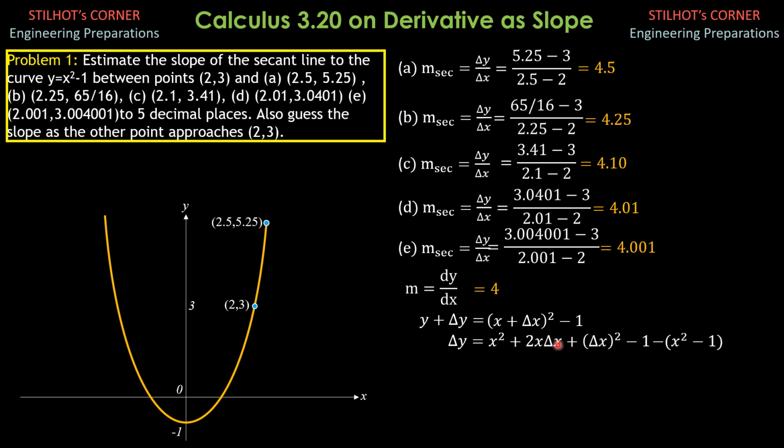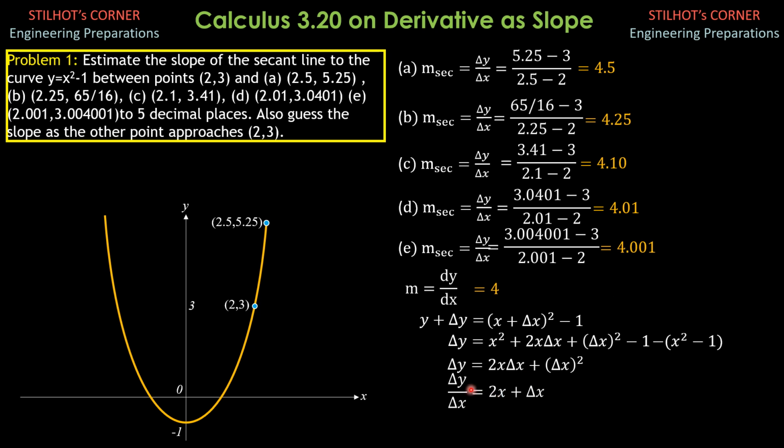So x squared will be eliminated. Negative 1 and positive 1 will also be eliminated, leaving 2x delta x and delta x squared on the right side. So delta y equals 2x delta x plus delta x squared. Dividing everything by delta x, delta y over delta x equals 2x plus delta x.